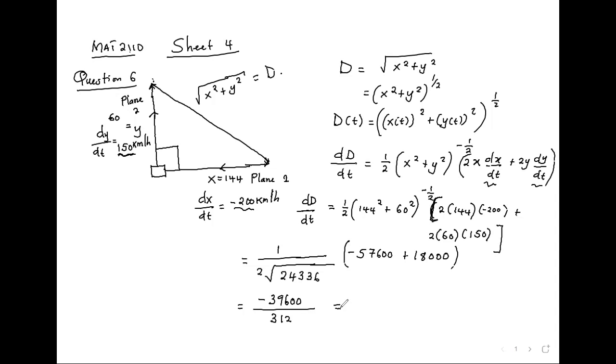And then now divide negative 39600 divided by 312. That's saying negative 126.923 kilometers per hour.